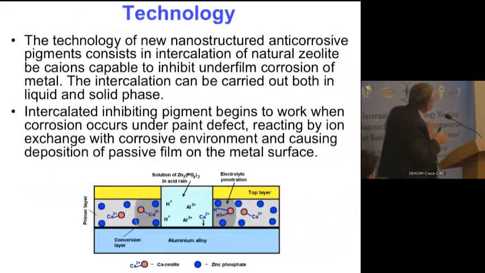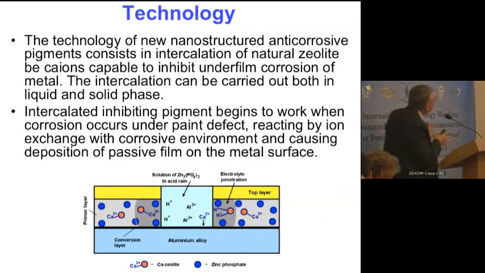Now, the technology of obtaining these nanostructured anti-corrosion element is intercalation of natural zeolite by cations that can inhibit underfilled corrosion of metal. This intercalation can occur in liquid and solid phase. We have tried both.